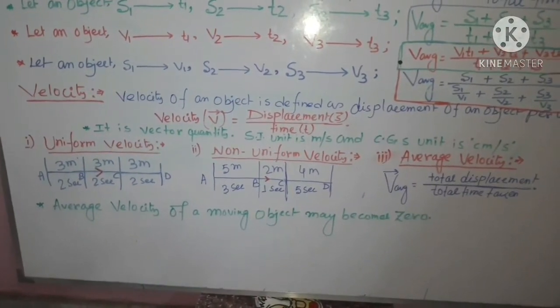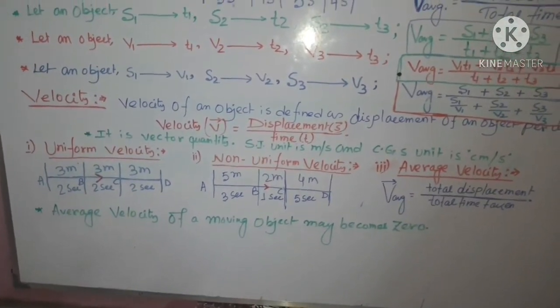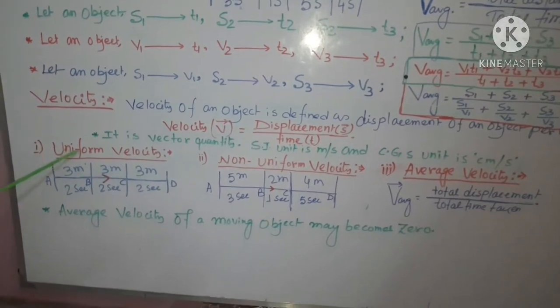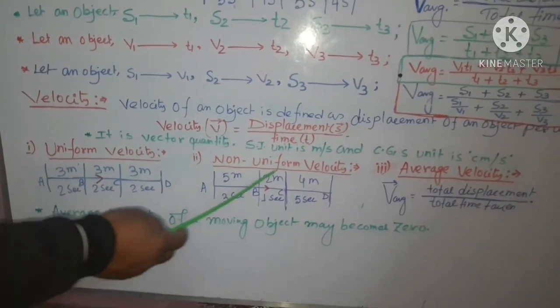Now, like speed, the velocity is also classified as uniform velocity, non-uniform velocity and average velocity.